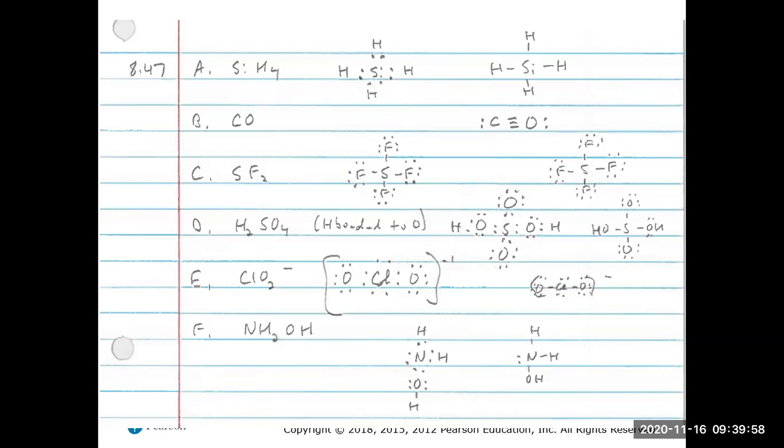And then that would leave us with 2 lone pairs around the sulfur. So it should have been SF2, so it should be 2 fluorines attached to the sulfur, and then 2 lone pairs that are free. So we'd have 4 free electrons and 2 bonding pairs with the 2 fluorine atoms. Sorry about that.